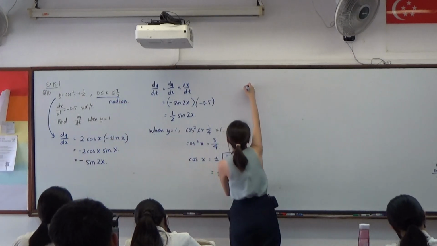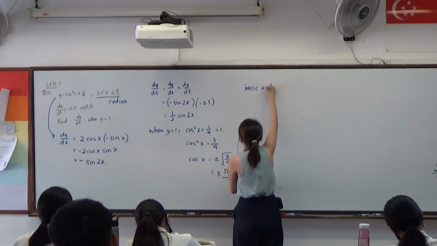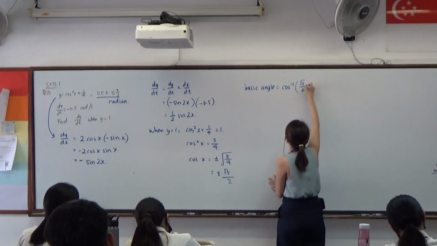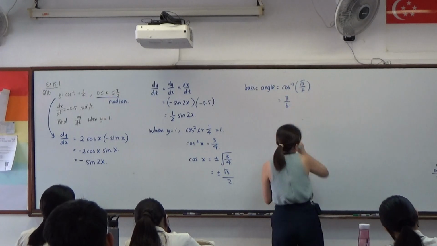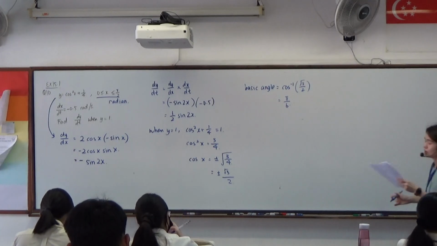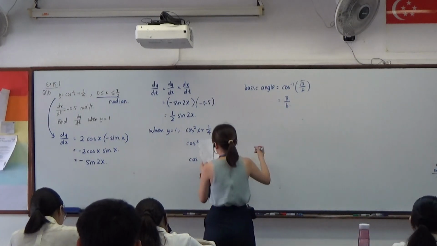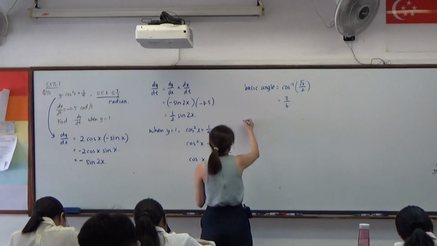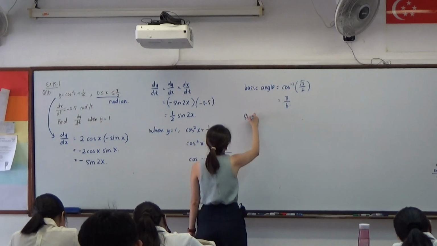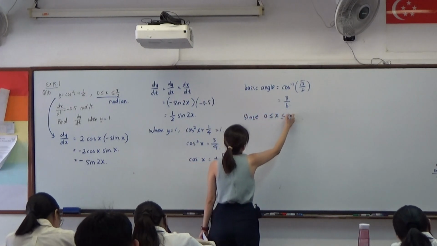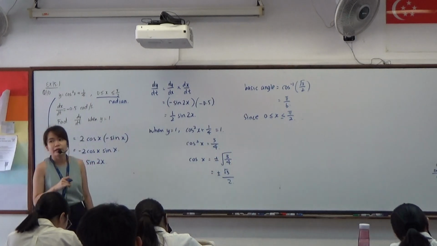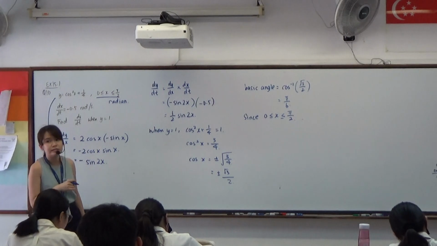So our basic angle, which is found by taking cosine inverse of the positive value, that will be pi over 6. 30 degrees is pi over 6. Because the question has given us that the interval is between 0 to 90 degrees, and your basic angle is 30 degrees.